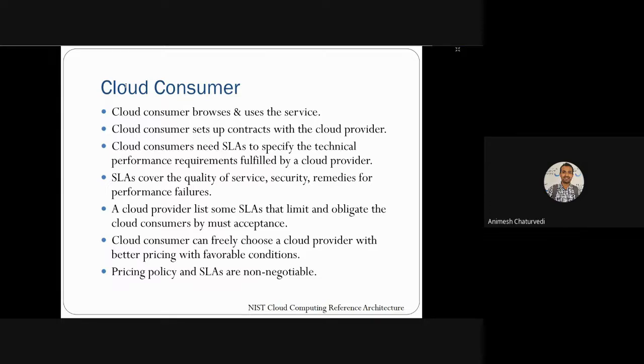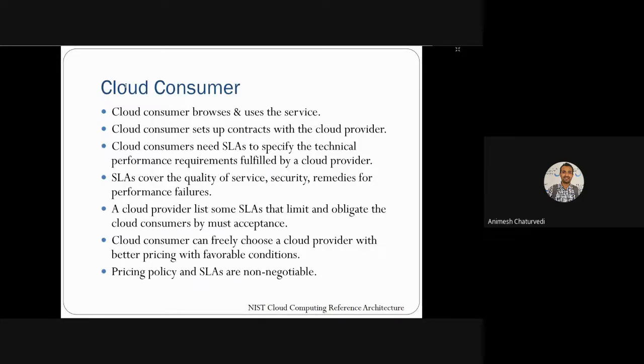Then the SLA would cover quality of service, security, and various remedies for performance failure. So these are the various kinds of activities written in the SLA. What should be the quality of service? What is the security level? Remedy for performance failure.